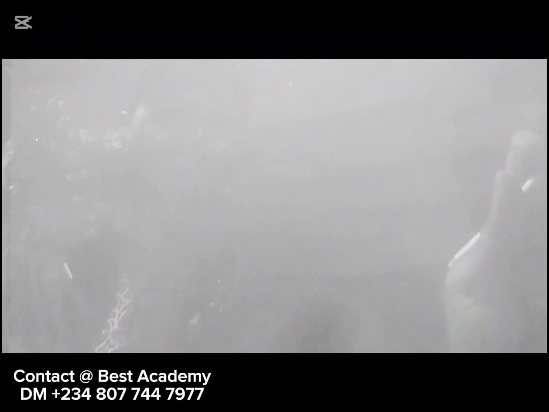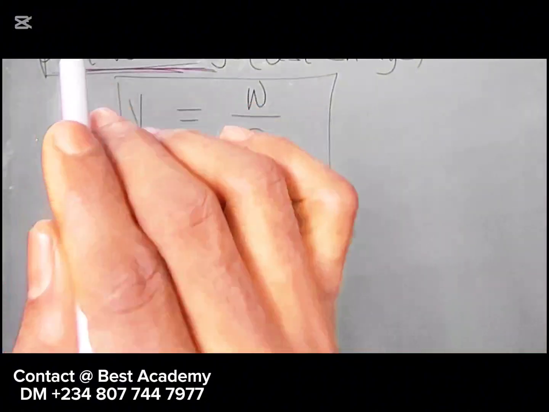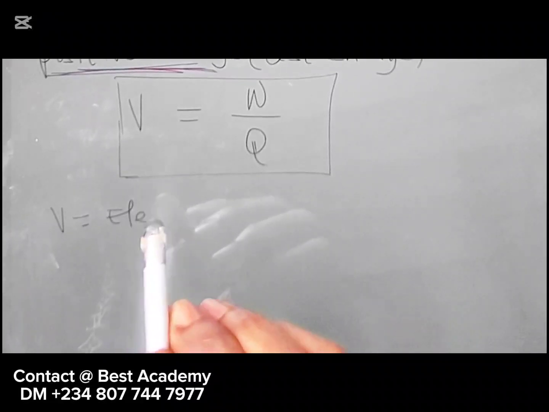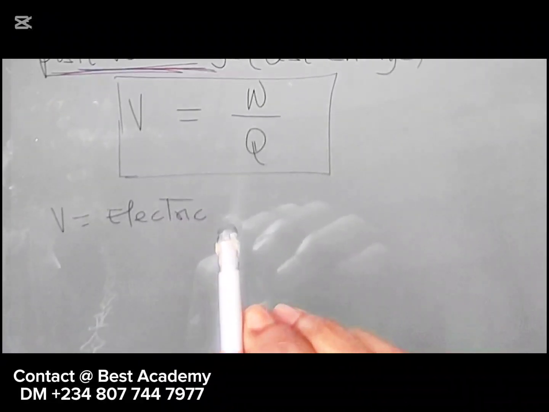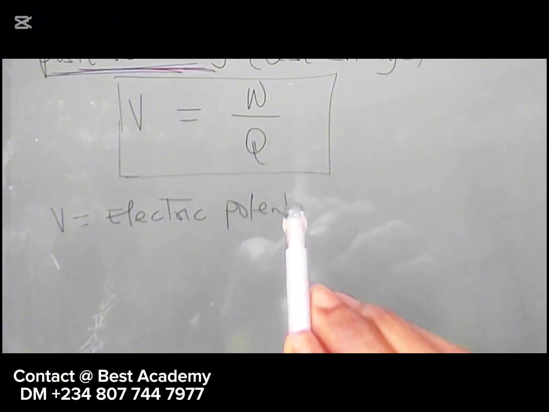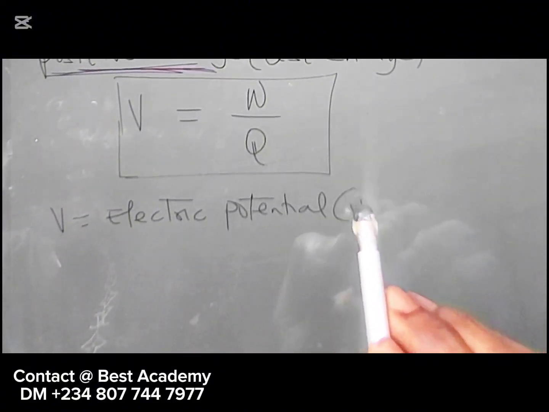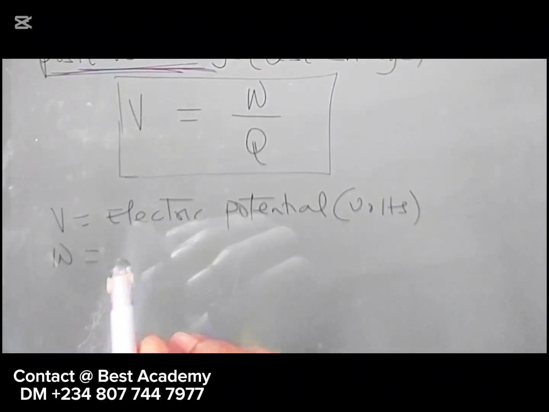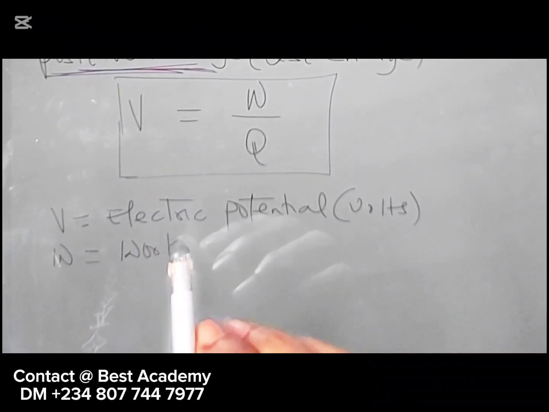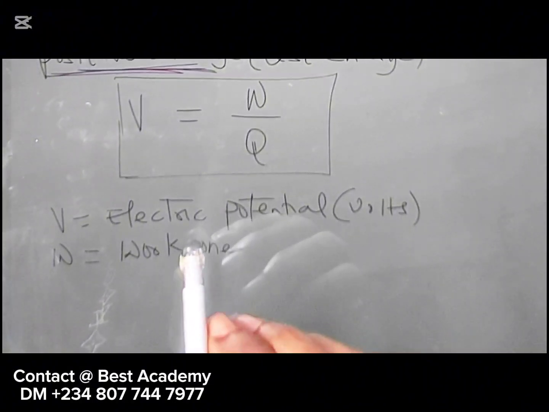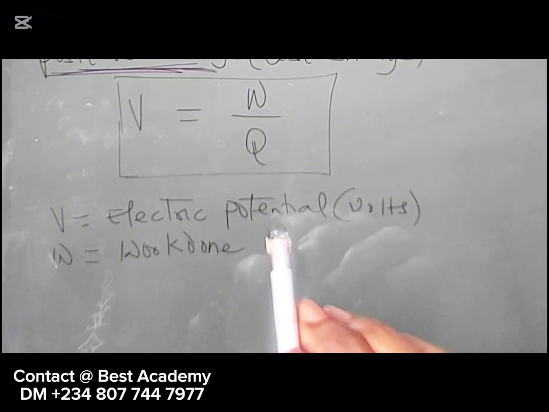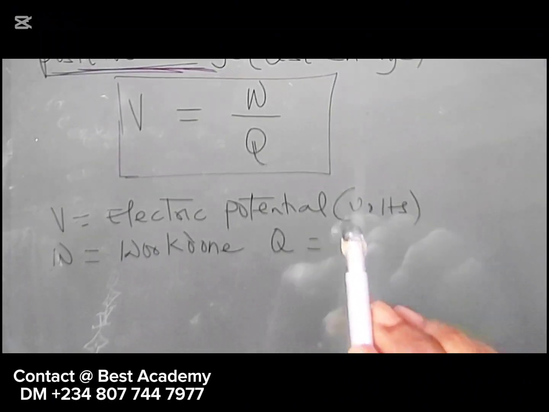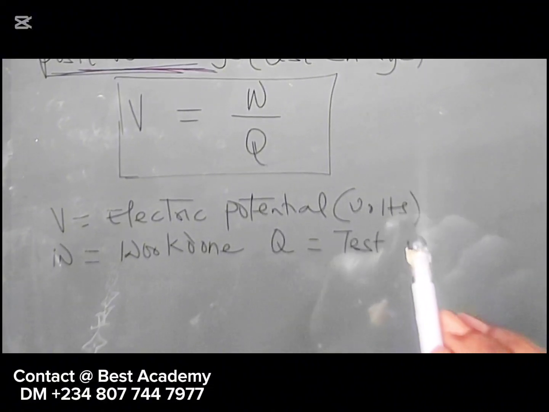Class, we know that V represents electric potential, and the unit is volts, while W represents work done or energy, and remember that work done can either be potential or kinetic, while Q represents the test charge.